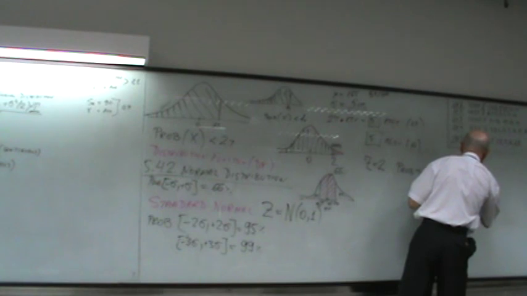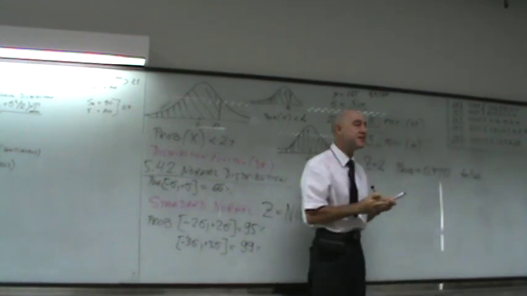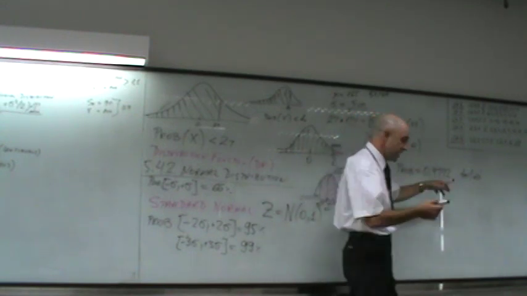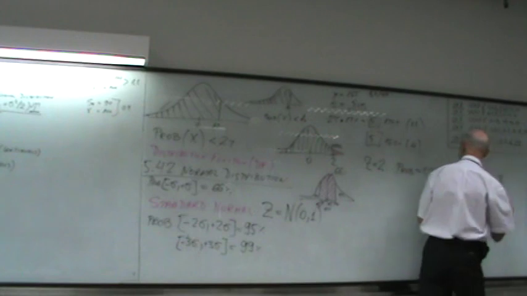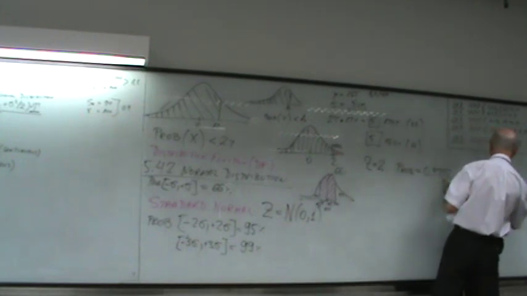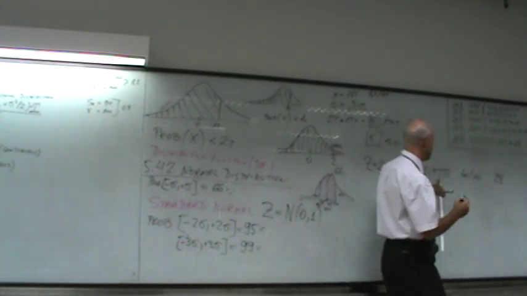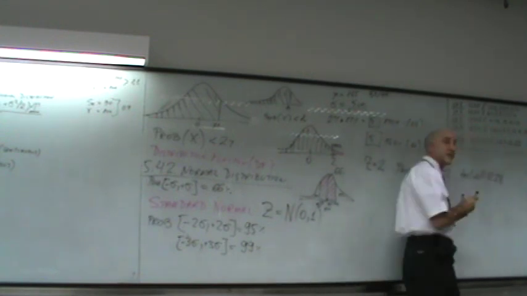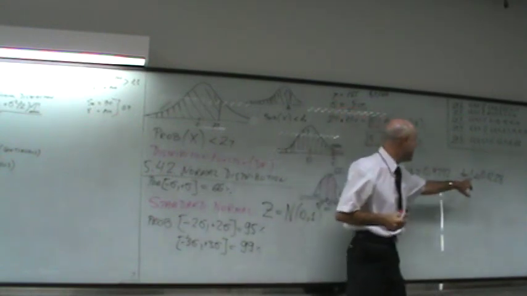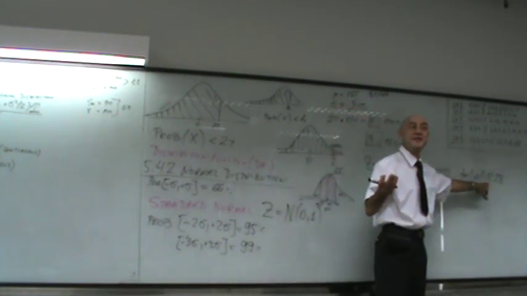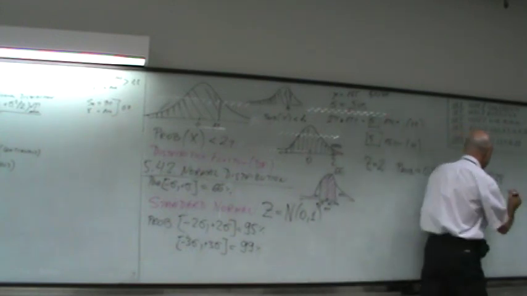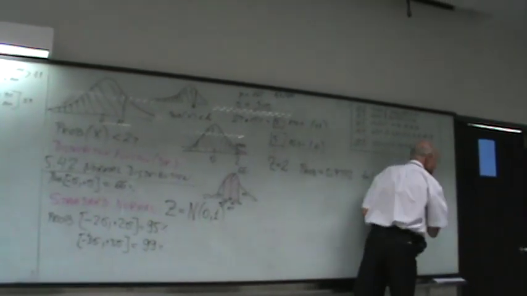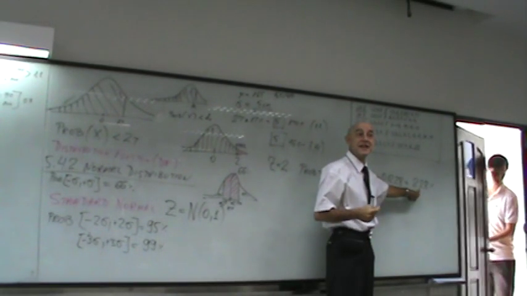For the one tail, it's 1 minus this. So 1 minus 0.9772 gives you 0.0228. So the probability of being on the right tail is 2.28%.